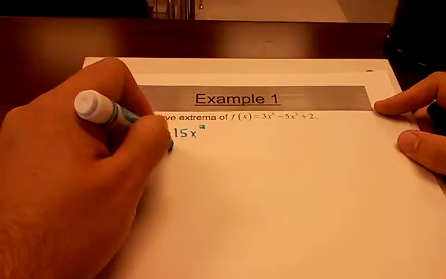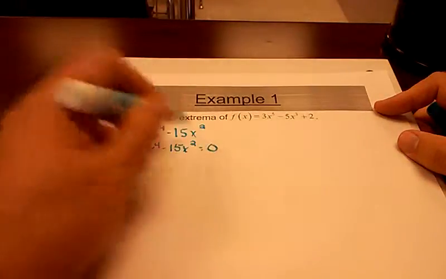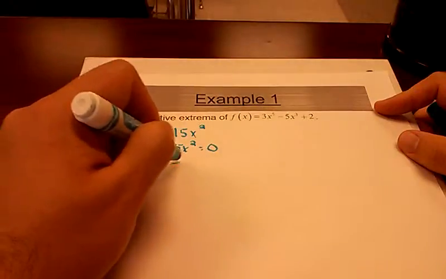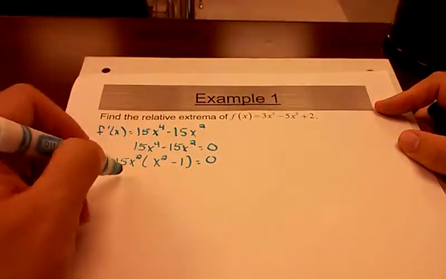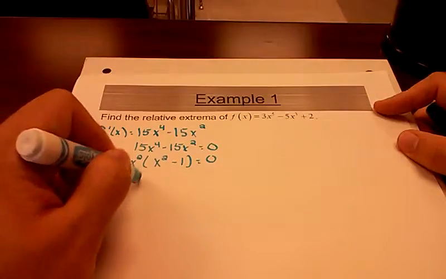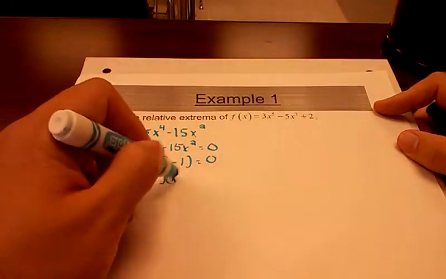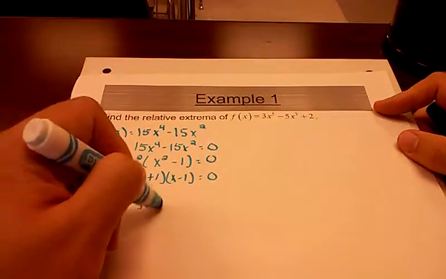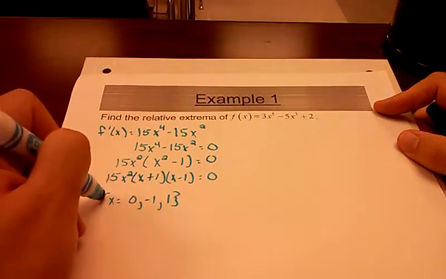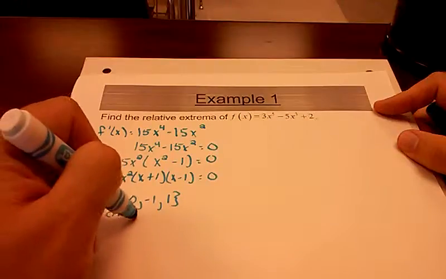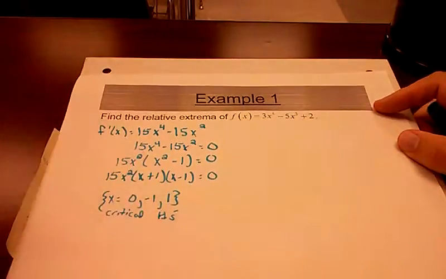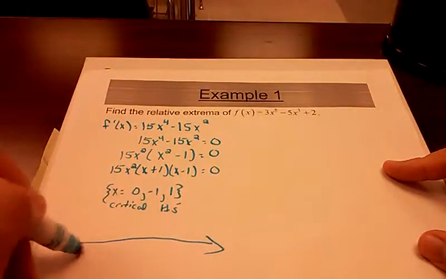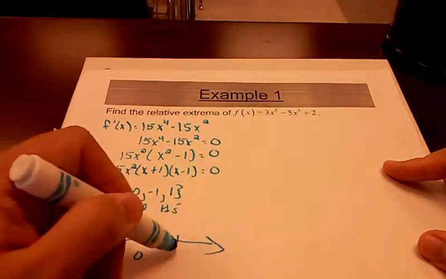So 15x to the fourth minus 15x squared, set this equal to 0, pull out my GCF of 15x squared, so that'll leave x squared minus 1, and then this is a difference of squares, so I can factor this into 15x squared, x plus 1, x minus 1, so that gives me my critical numbers of 0, -1, and 1. So there are my critical numbers.